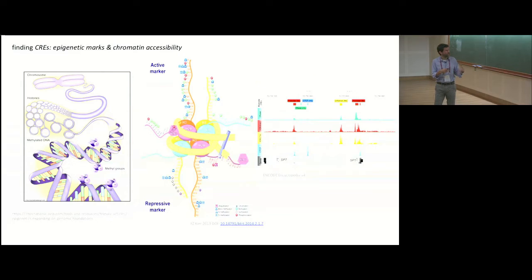So for compaction, and some other things, the DNA goes around complexes of proteins called histones, right? And once they are wrapped around the histones, these histones and this material can further condense.